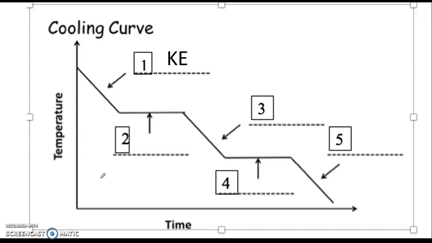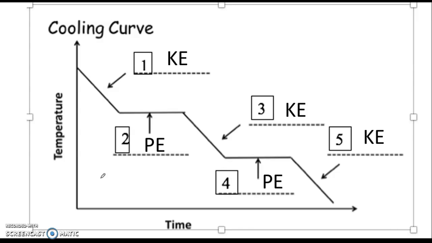And then where do we see there's no change in temperature? There's none whatsoever. If you said 2 and 4, you are correct, right? So for somebody who, if you're thinking a little bit more farther ahead, you can say kinetic energy is where we have our states of matter, and then potential energy is where we have our phase changes.